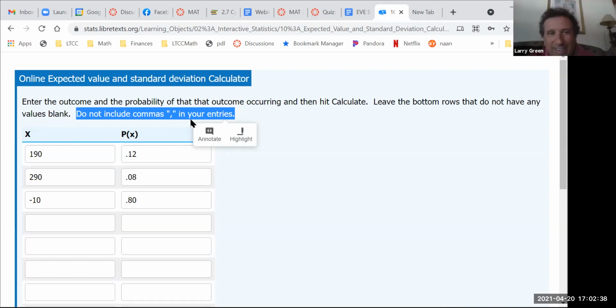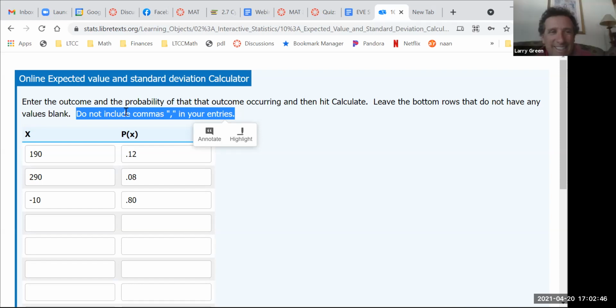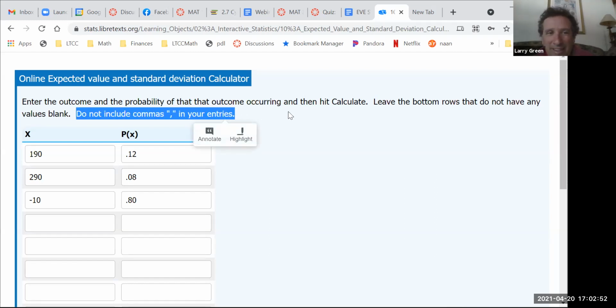Did you read the last sentence right here? Is that where you made a mistake? Did you put commas in? Yep. You put commas in, the calculator can't handle it. Okay, thank you. In fact, I didn't used to have that sentence, and then a lot of people were having trouble, so I put that sentence in, and hopefully that'll help.